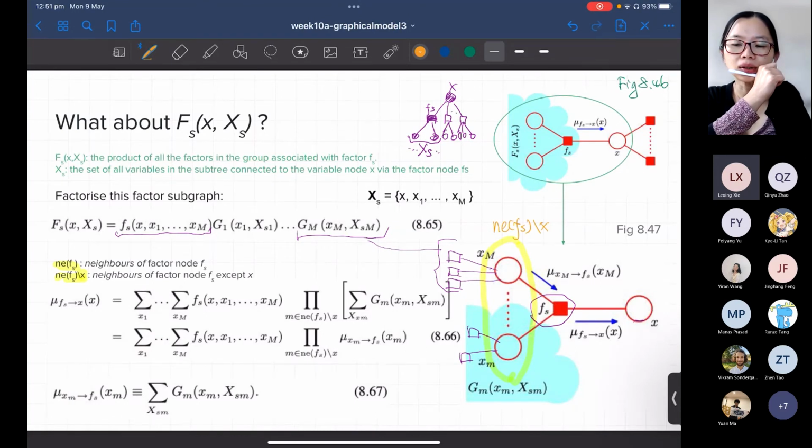And now let's express the messages in terms of these terms.